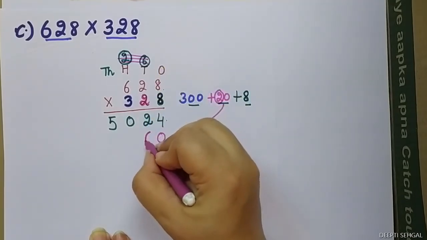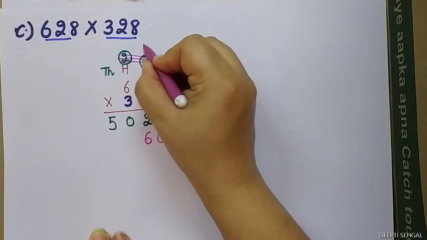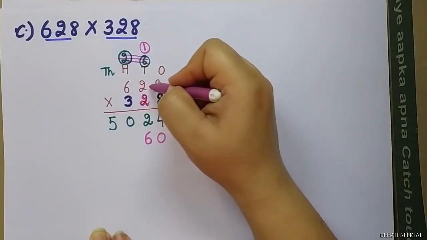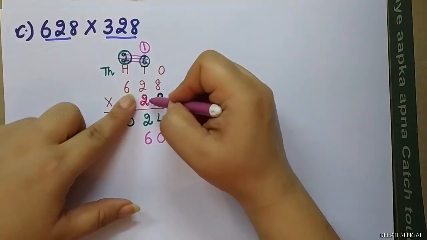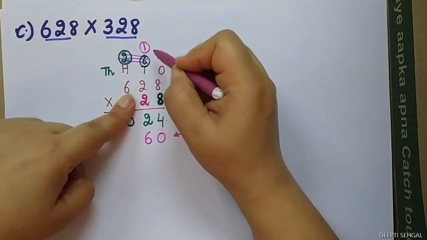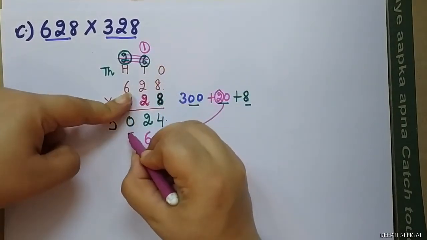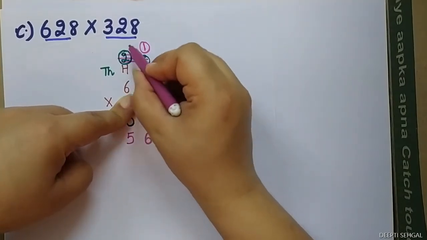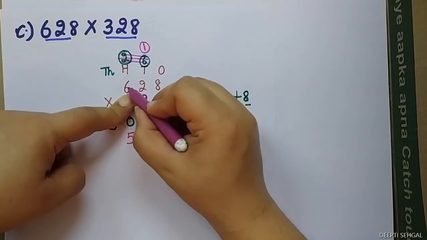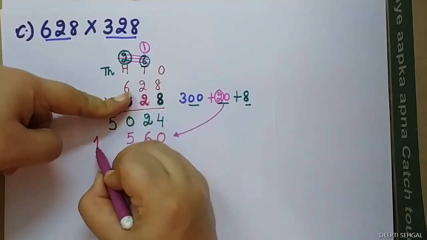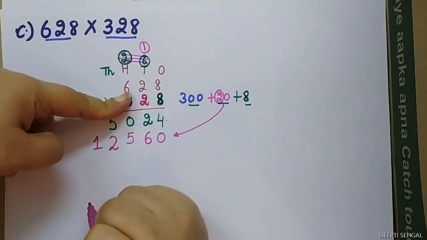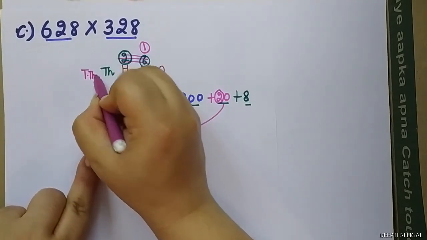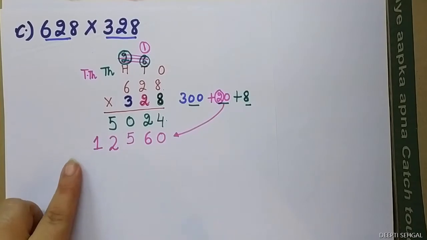So I am writing here 6 and I am taking 1 carryover. Now 2 multiply by 2 is 4. 4 added to 1 is 5. Now 2 multiply by 6. There is no carryover here now. 2 multiply by 6 is 12. So I am writing here 12. Now this one is going at 10,000s place. Be very careful while writing the digits. Okay.